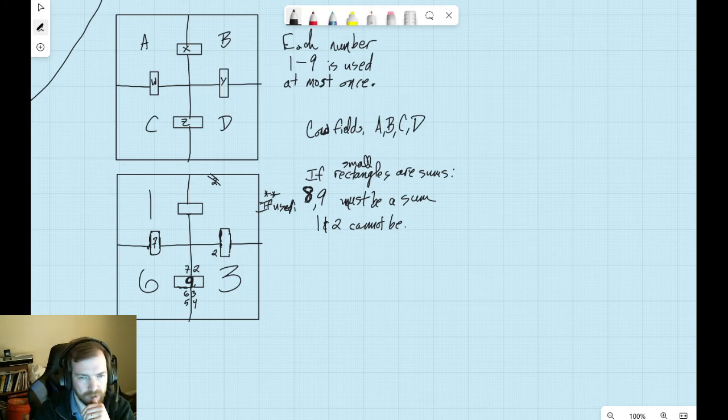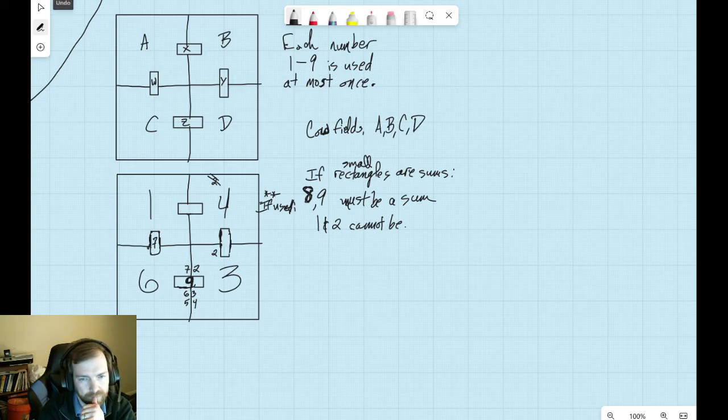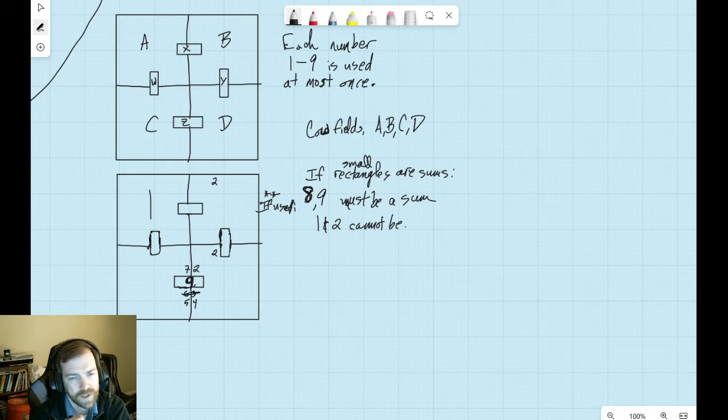So if we skip 2, we got 3, we need 4 and 5. So if this is 4 and this is 5, this would be 7, and now that's double 7. Right, 5 would make this a 6, so that's not going to work either. So then it would have to be a 2, but then this is a 3, so therefore this can't be here. But if we back it up, 6 and 3 is out.